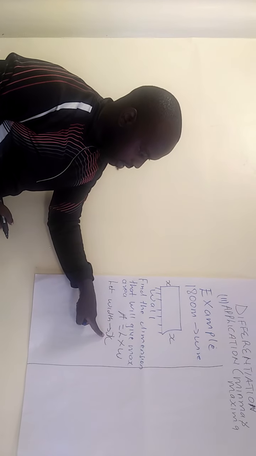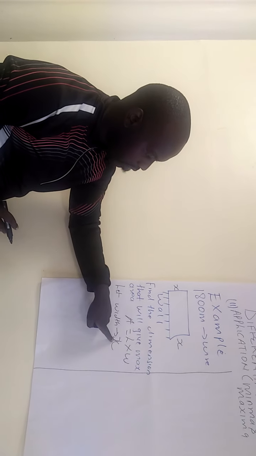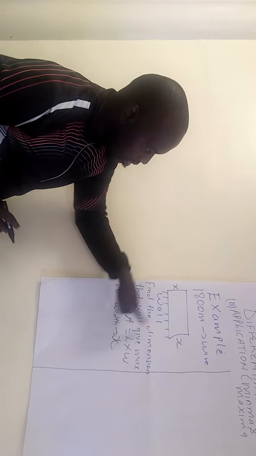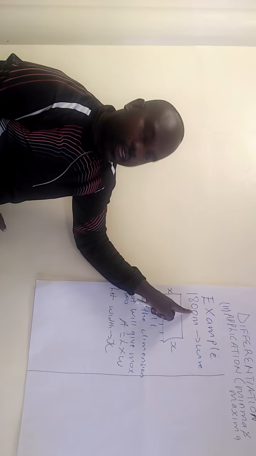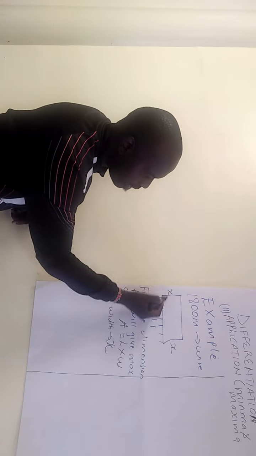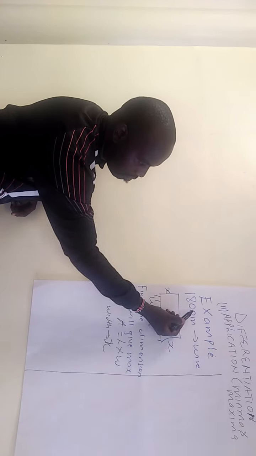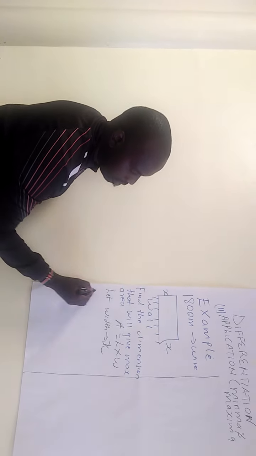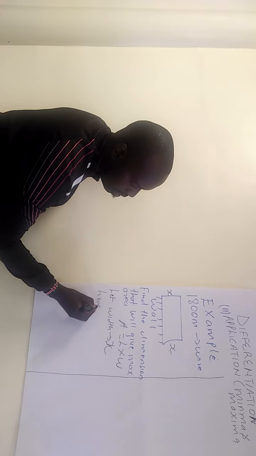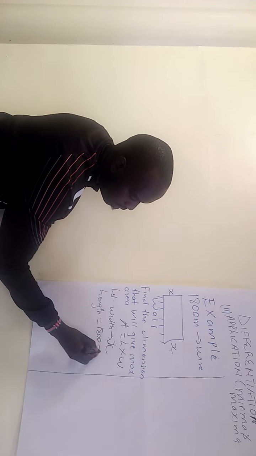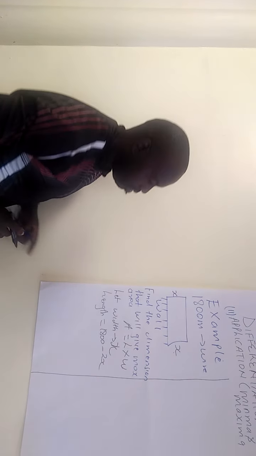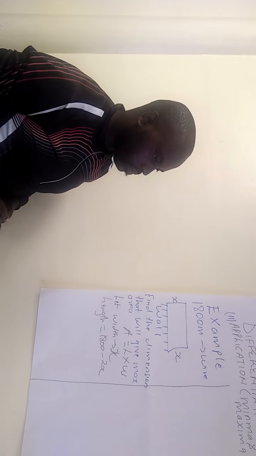Now that we have x, we need an expression in terms of x for the length. We know the total wire is 1800 meters. So for us to get the length, x is gone from this, another x is gone, so our length is going to be 1800 meters minus 2x. So that is our length.